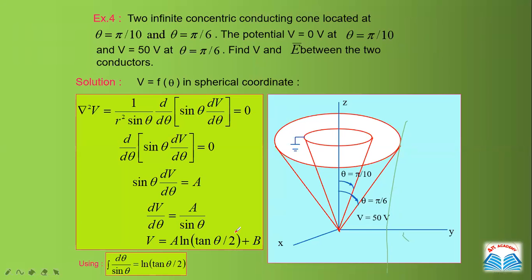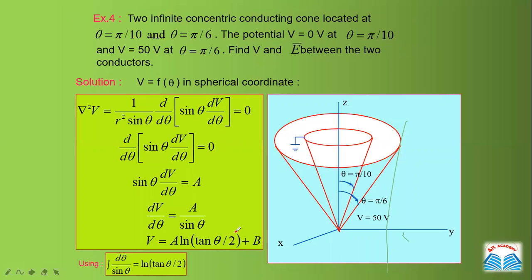You will use the Laplacian operator with that potential, del 2V equals to 0. If given in the question that it is a charge free region or rho equal to 0, then you will use that Laplace equation accordingly. If Cartesian coordinate, then apply that Cartesian coordinate operator.